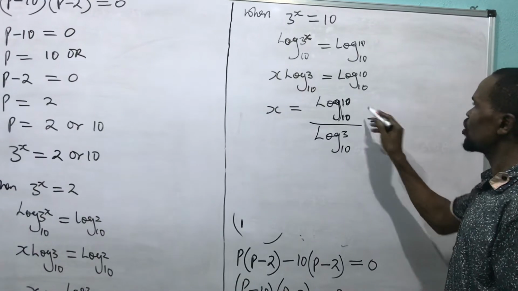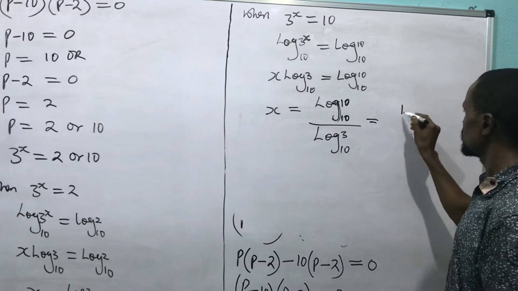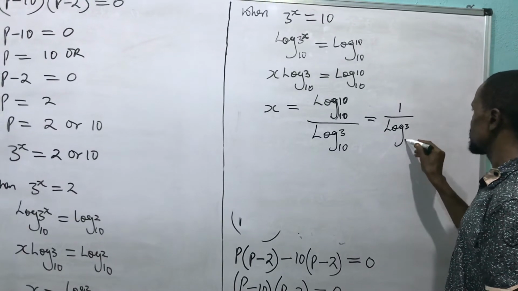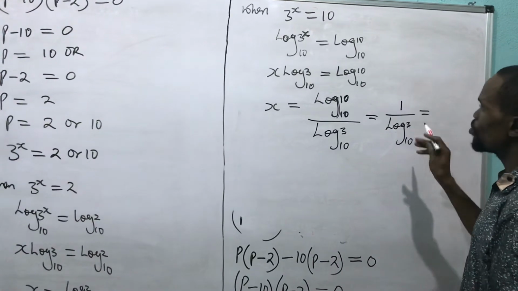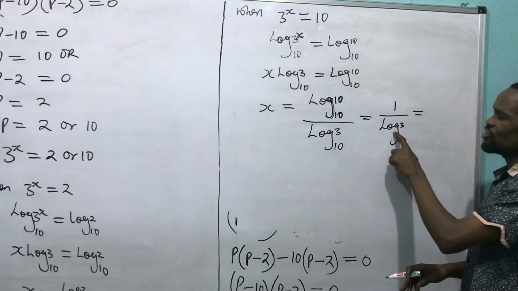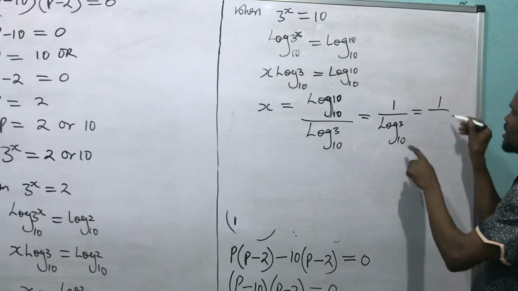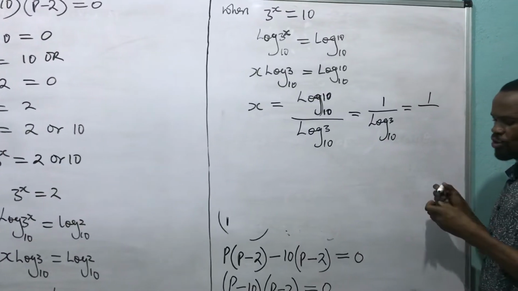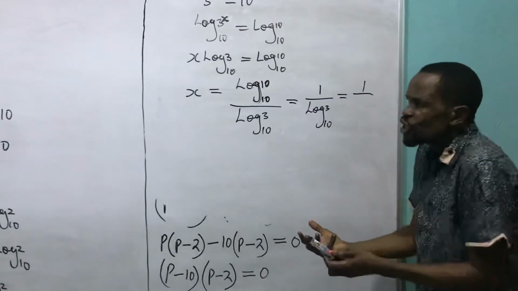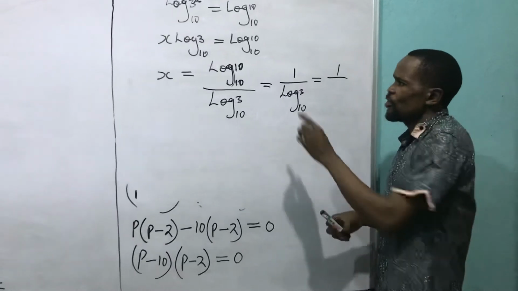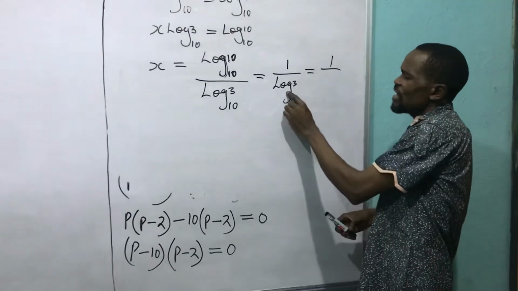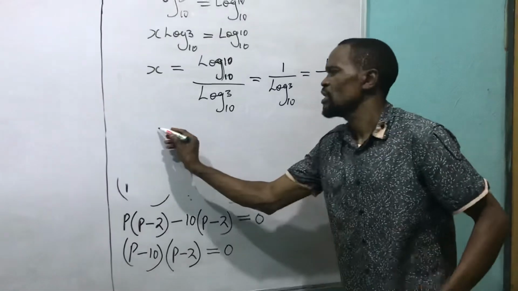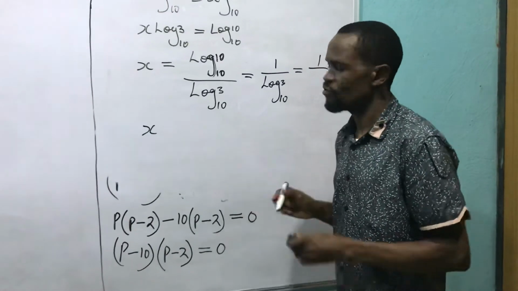And log 10 base 10 is 1, so it is 1 over log 3 base 10. Therefore, you punch in your calculator 1 divided by log 3, because I'm giving you this so that you follow me up, not only watch, but follow me up. Whatever that gives you is the answer for X.